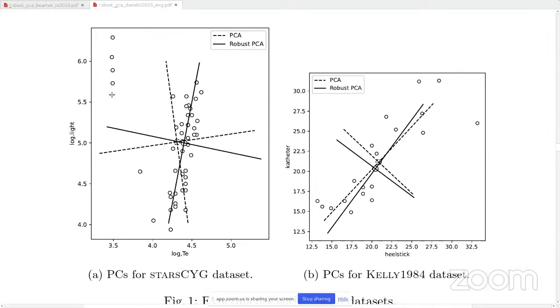If we try the classical principal component analysis, the dotted line is rotated in the direction of the outliers. And the same behavior we can see in the right picture.